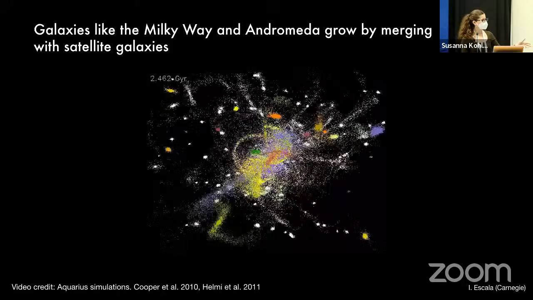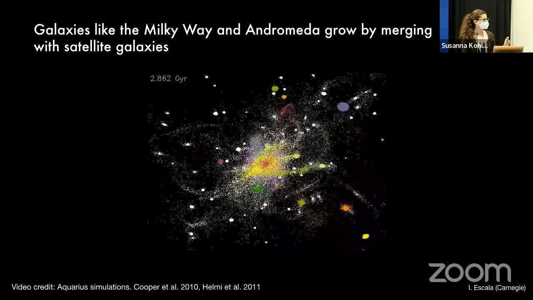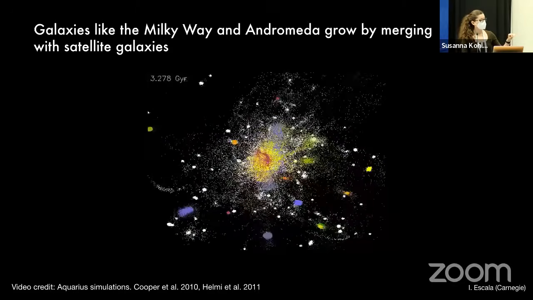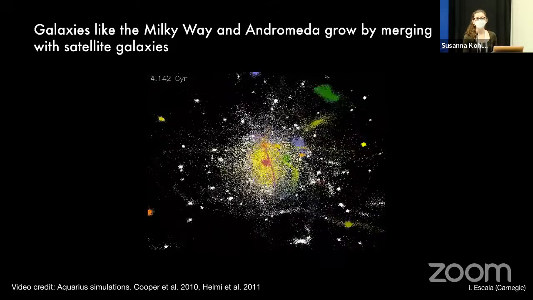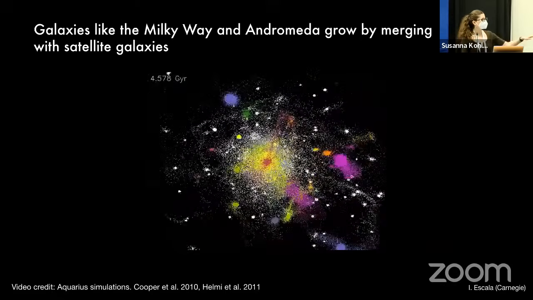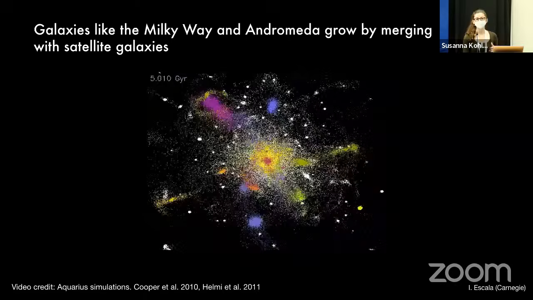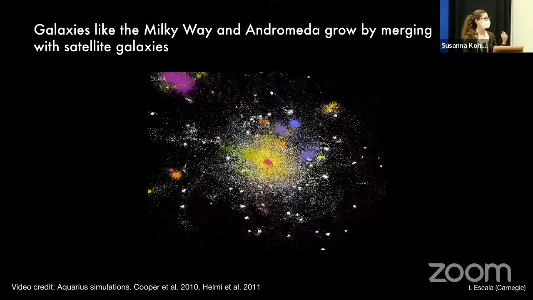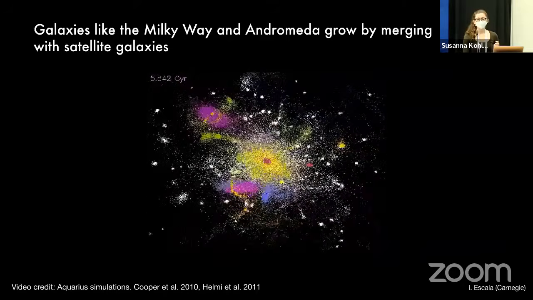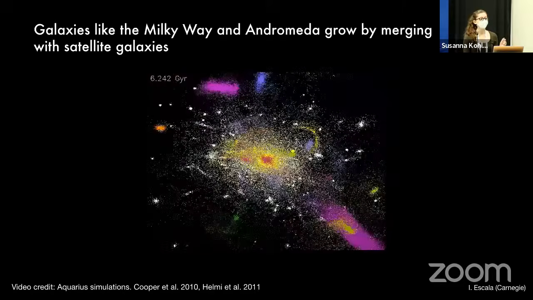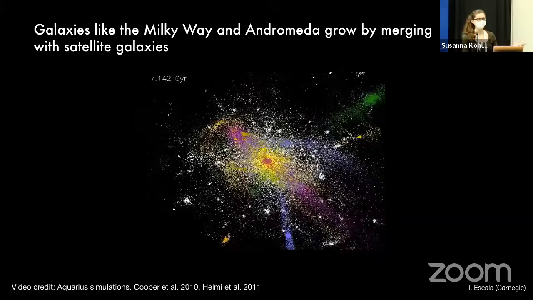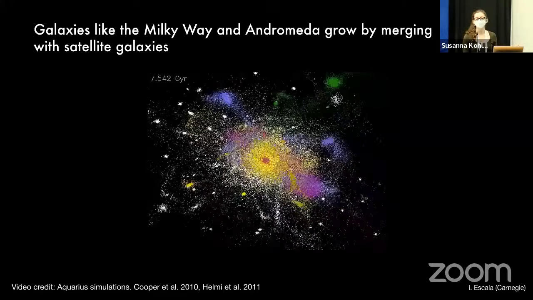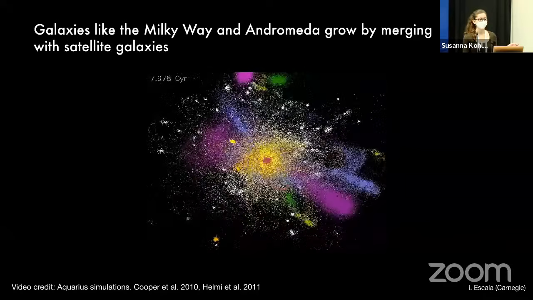It's from a while ago, but I think it's a good example where you have these often smaller galactic systems coming in and being tidally shredded by the gravitational influence of the host galaxy. In this case, the host galaxy would be M31. Studying these tidal remnants can tell you about the dark matter distribution of the host galaxy, as well as the properties of the original satellite galaxies that were destroyed in this process.